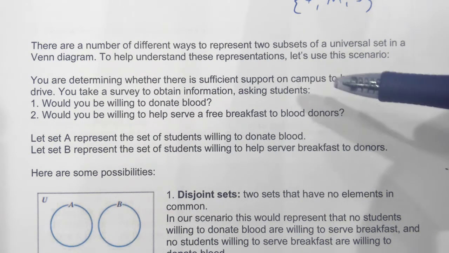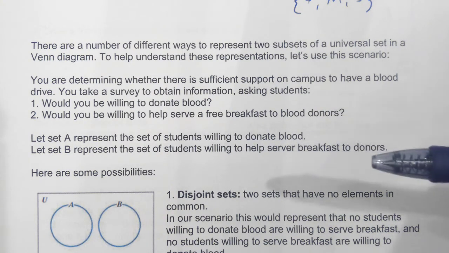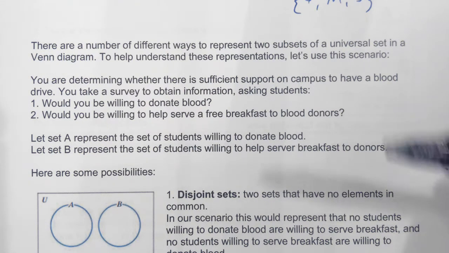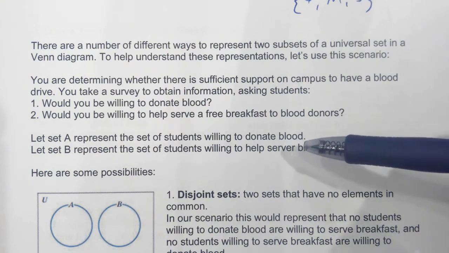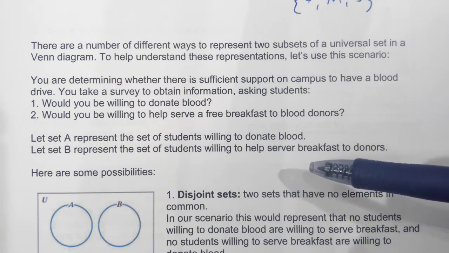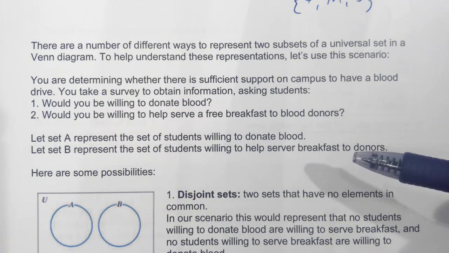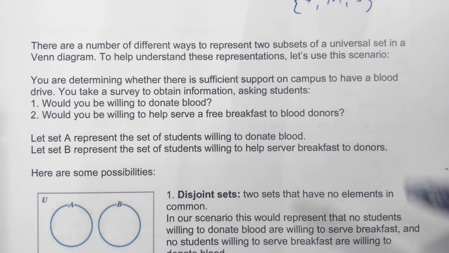You take a survey to obtain information asking students: 1, would you be willing to donate blood? 2, would you be willing to help serve a free breakfast to blood donors? So A is going to represent the set of students that are willing to donate blood, and B is going to represent the students who are willing to help serve breakfast to donors.